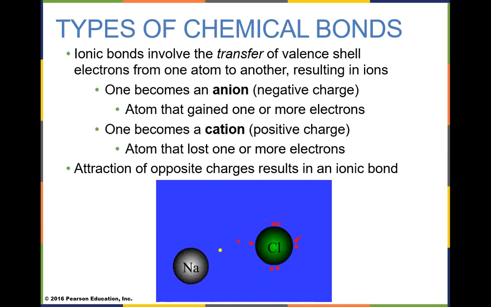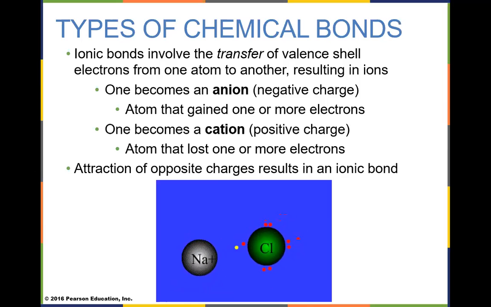So a chlorine ion, negatively charged, has 18 electrons and only 17 protons, whereas sodium has 11 protons, only 10 electrons, and they are attracted to each other electrostatically. It's a very weak bond, but it draws them together.